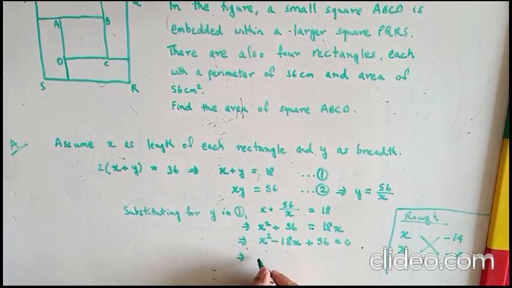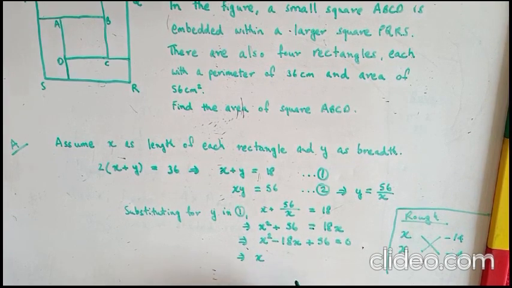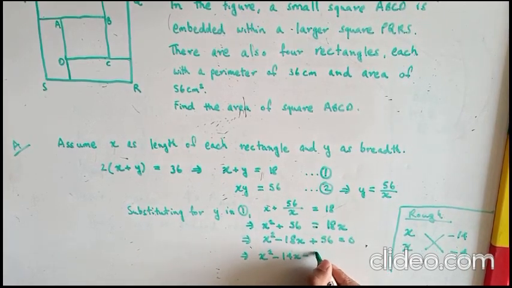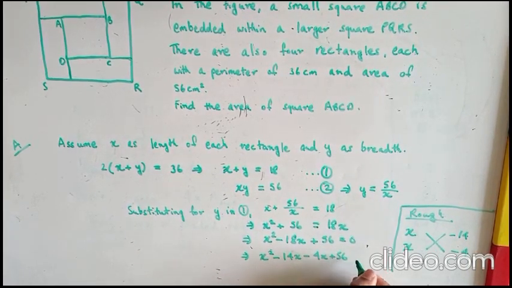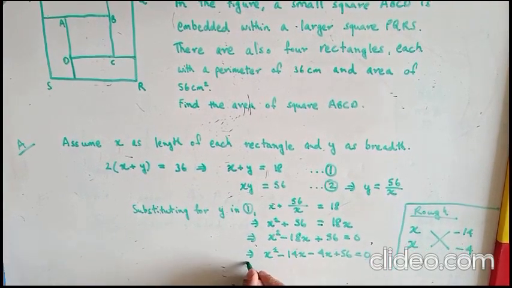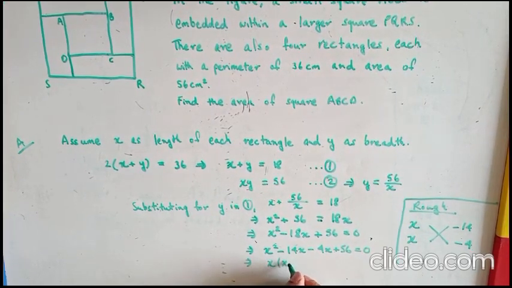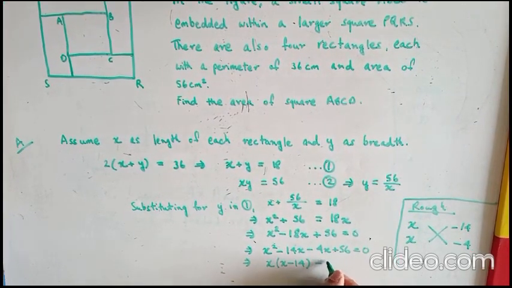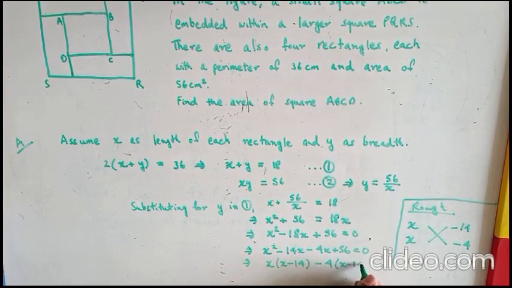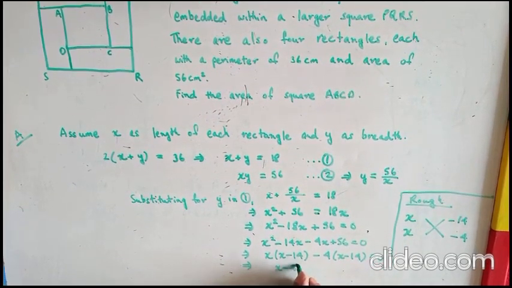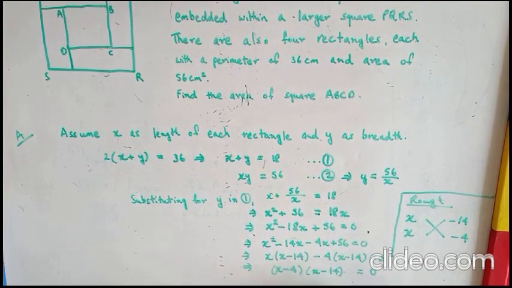So we can write it as x squared minus 14x minus 4x plus 56 is equal to 0. Simplifying this becomes x minus 14 minus 4 times x minus 14 is equal to 0, which means x minus 4 and x minus 14 is equal to 0.